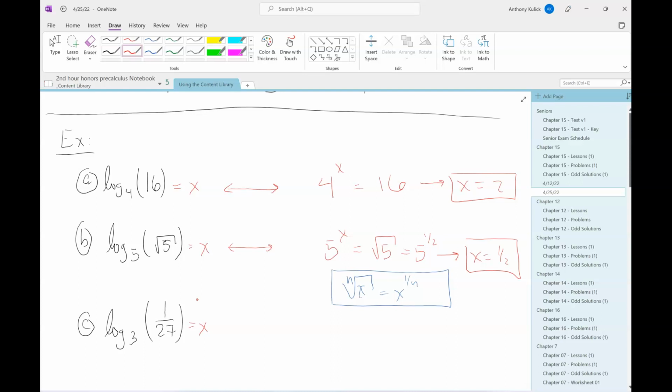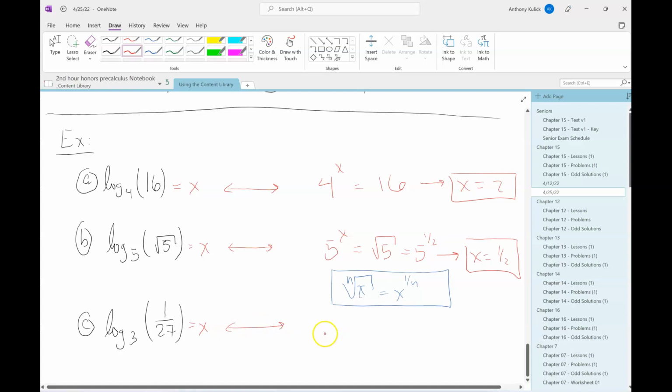So again, log base 3 of 1 over 27, we'll say that's equal to x. So I have 3 to the x equals 1 over 27. Yeah, so good. 27 is 3 to the third.